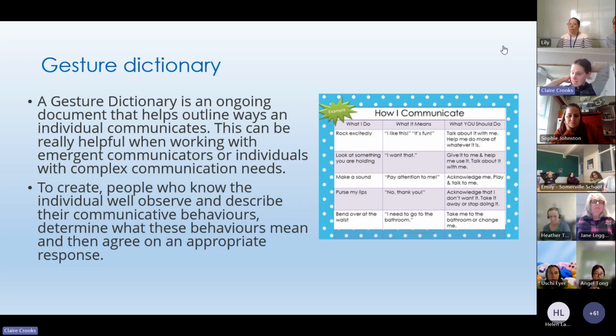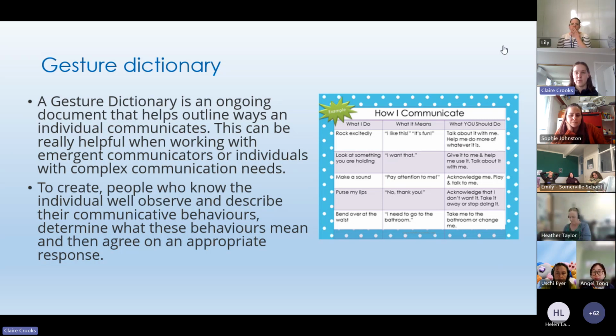Yeah, tactile cues and prompts on any kind of tool can be helpful as well. Absolutely. A gesture dictionary. So this is a really helpful ongoing document. It's really important that it's ongoing and teams can jot things down as it goes. Really helpful with our emergent communicators who might not have really clear or conventional ways of communication.